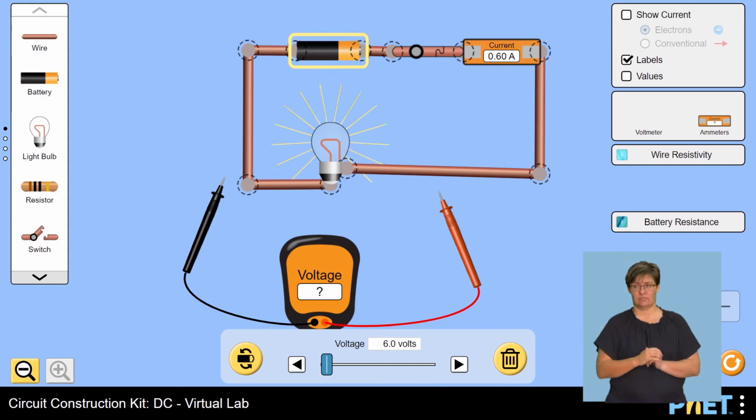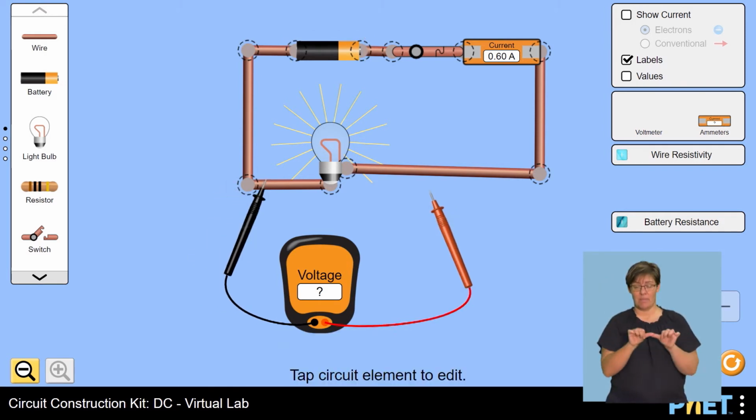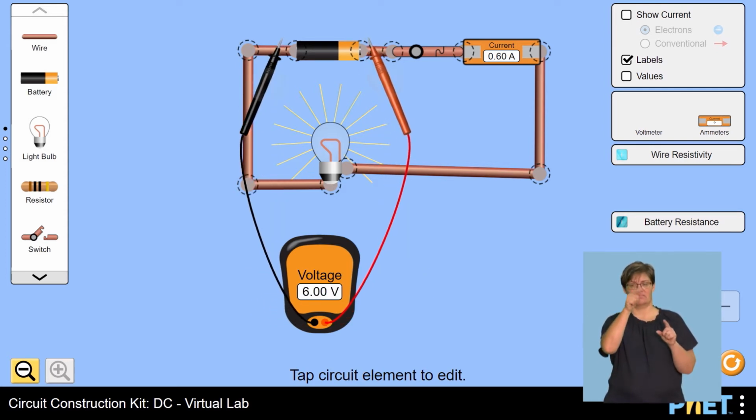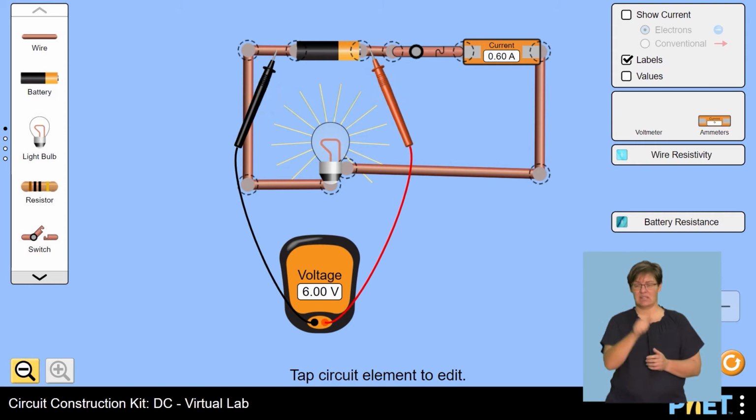If it goes to 6 volts, you can immediately see that the current has also increased from 0.3 to 0.6, and that in turn has affected the brightness of the bulb. The bulb is now glowing much brighter. If we measure the voltage across the bulb, it gives us 6 volts, which corresponds to a current of 0.6 amperes. This voltage is the same as that across the source, which is 6 volts.